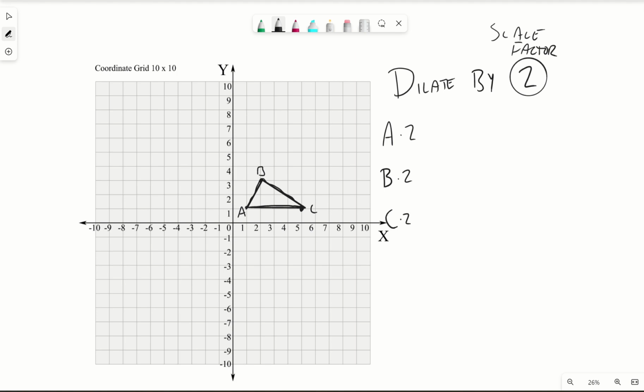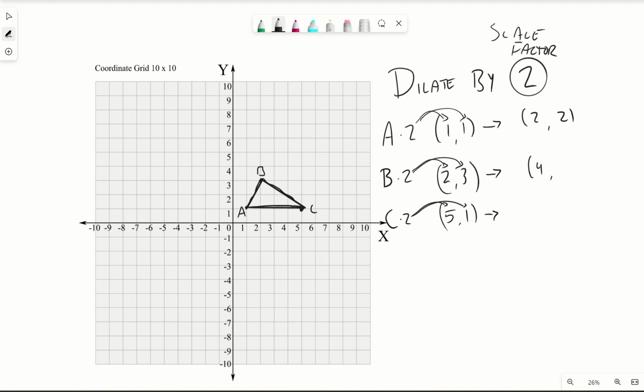So point A is at the point 1, 1. Point B is at the point 2, 3. And point C is at the point 5, 1. I want to take each of those and times all of my values by 2. Distribute, right? We've talked about distributive property. Distribute my times 2 into everything. 2 times 1 is 2. 2 times 1 is 2. 2 times 2 is 4. 2 times 3 is 6. 2 times 5 is 10. 2 times 1 is 2.